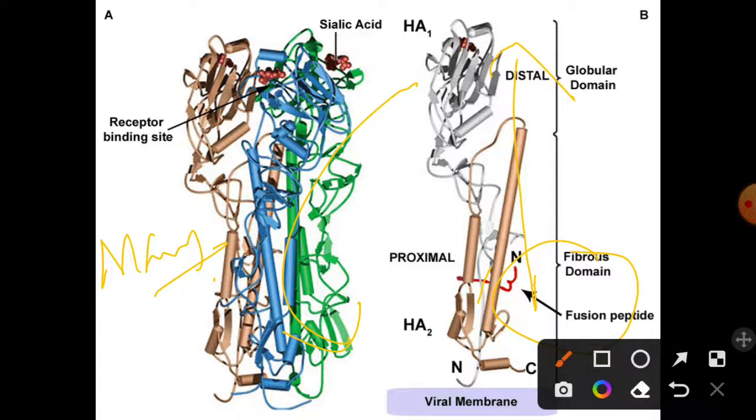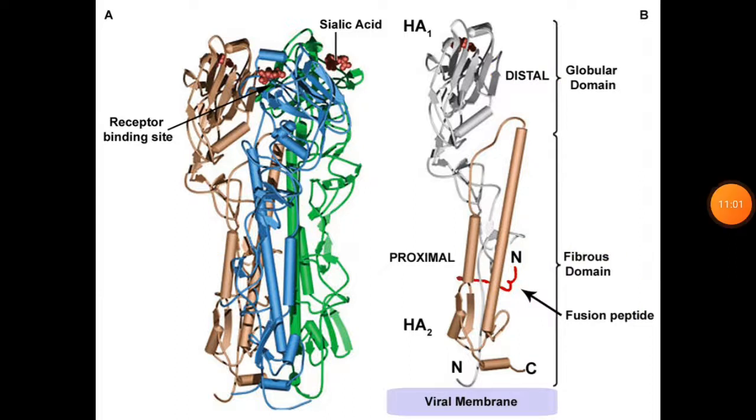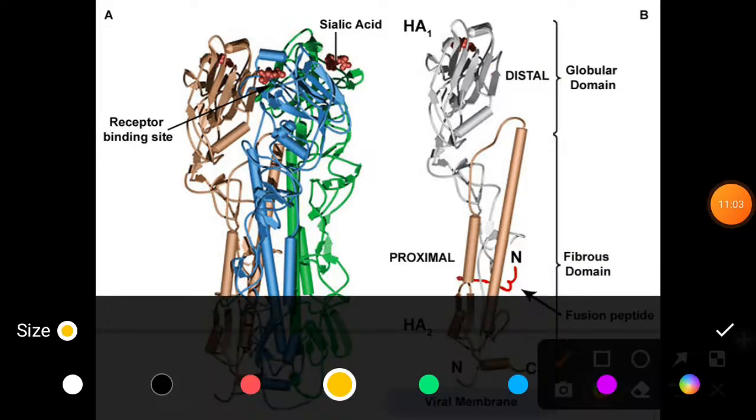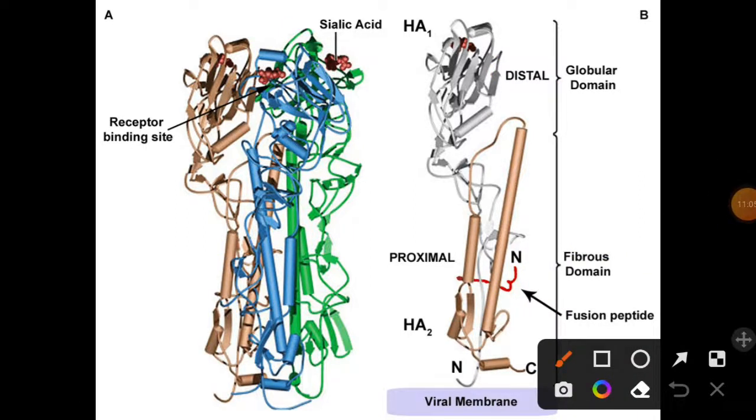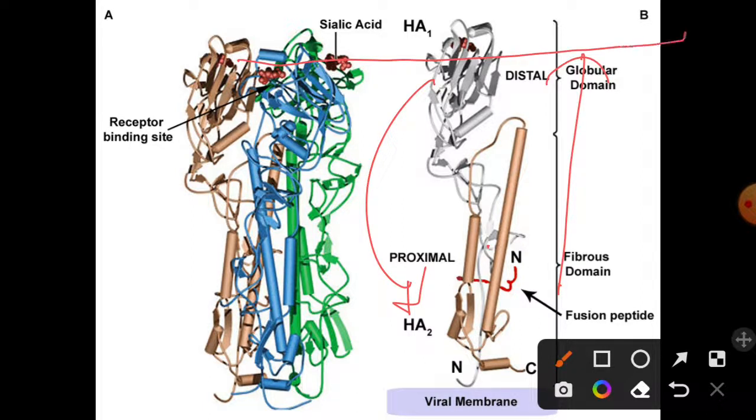Clear? So what is going on here? First of all, the domain which is involved in receptor binding moves back, and the fusion peptide moves towards the vesicle membrane. Suppose this red lining is the vesicle membrane. Now what will happen?